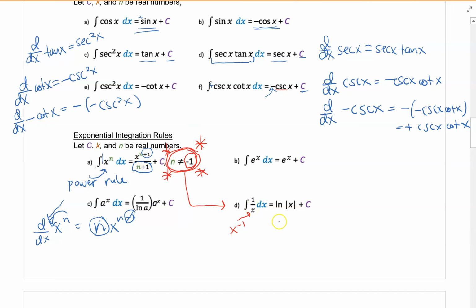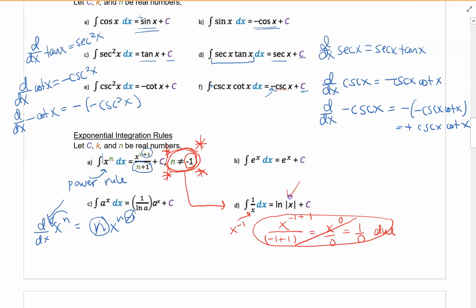This is what would happen. I would add 1 to the power, so I'd have negative 1 plus 1, and then I would have to divide by that. So I'd have x to the 0 over 0 if I were to use this reverse power rule, which is undefined, right? It's 1 over 0, that does not exist. That's not what the original function was. So when x is to the negative 1 power, we do not do the reverse power rule.